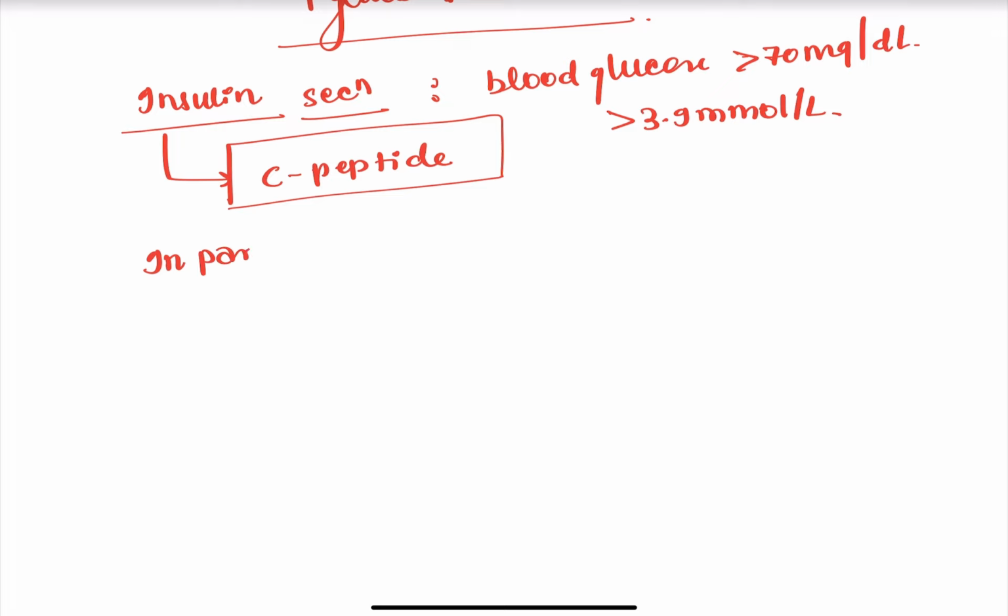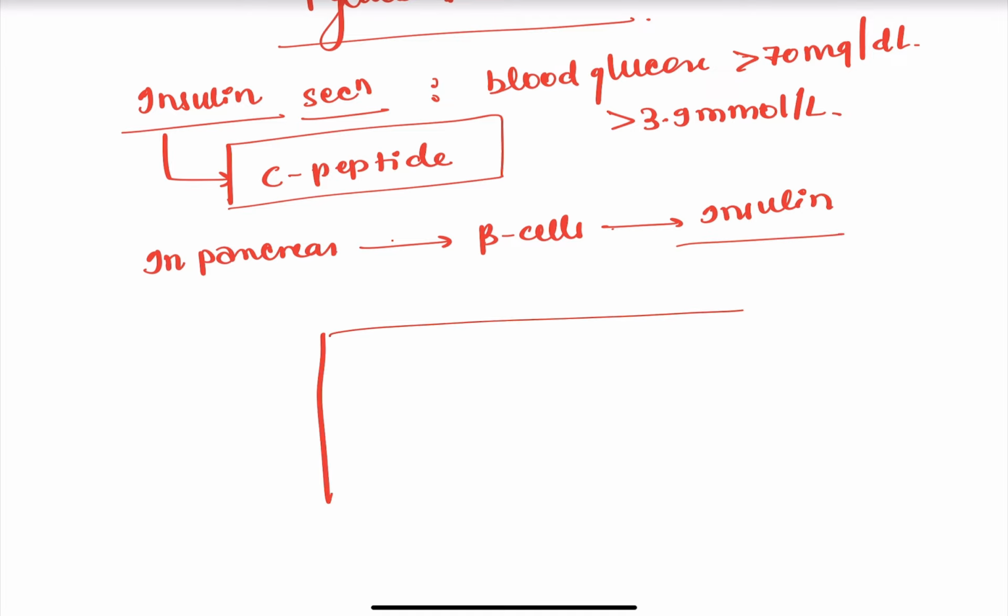So in pancreas there are beta cells that secrete insulin. So let's see that it is a beta cell. The beta cells have GLUT2 receptors or GLUT2 transporter, glucose transporter.